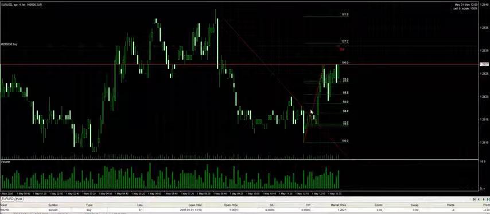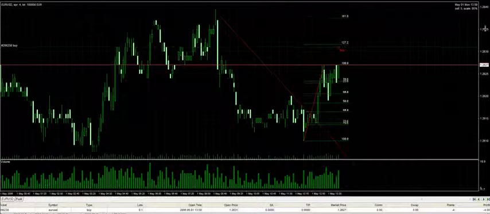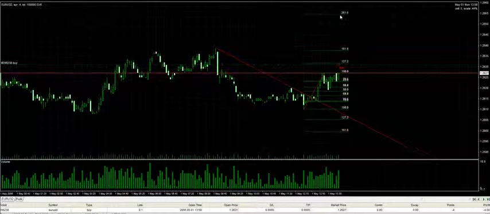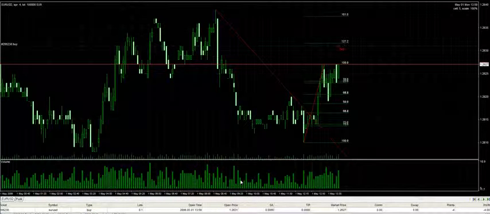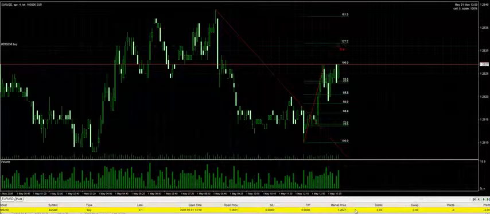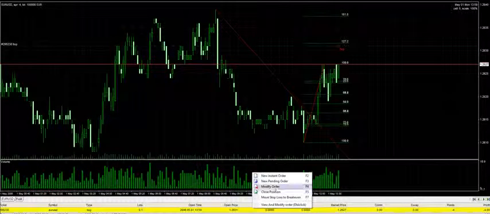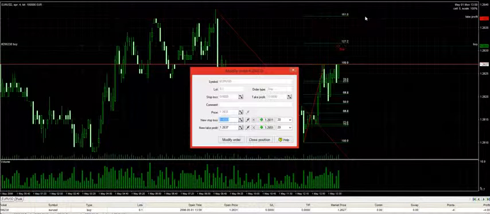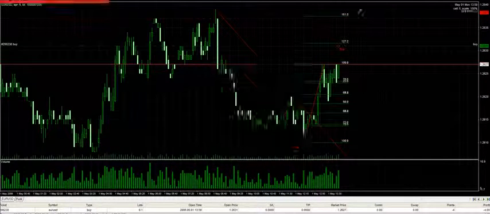And we know that wave 3 has to be the longest wave, so we cannot use this. I have to use a larger wave, probably 261.8, and take profit. That's my TP1.